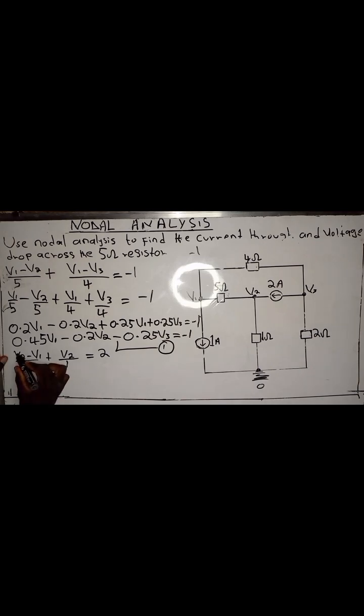So here it is the same thing as V2 over 5 minus V1 over 5 plus V2 over 1, and V2 over 1 is the same thing as V2, which equals 2.